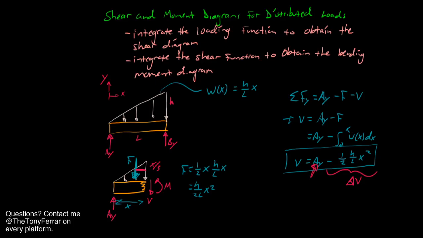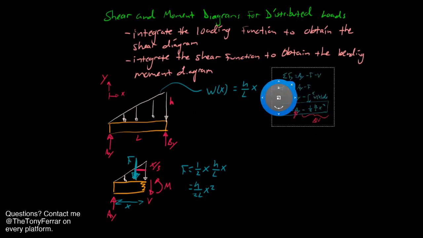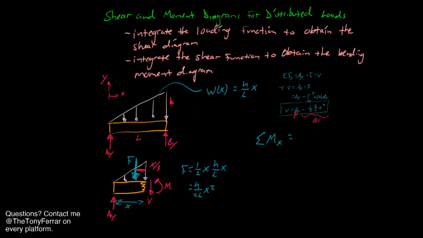The moment works the exact same way. If we were to sum moments about the end of our beam here at x, we would have, acting clockwise, so negative, AY times x.